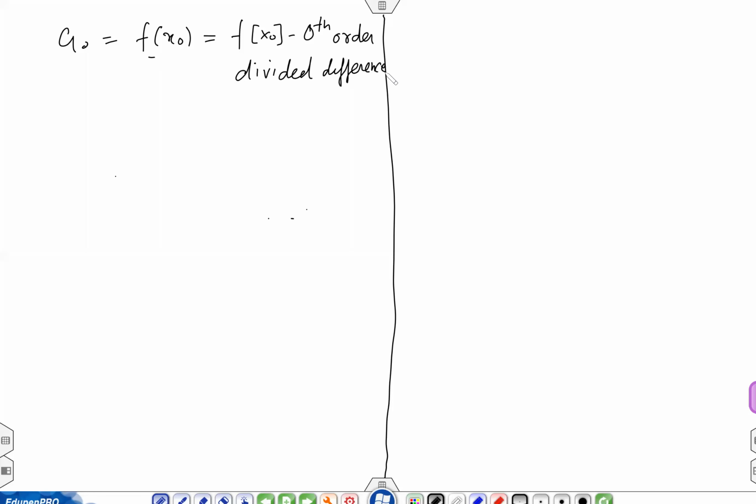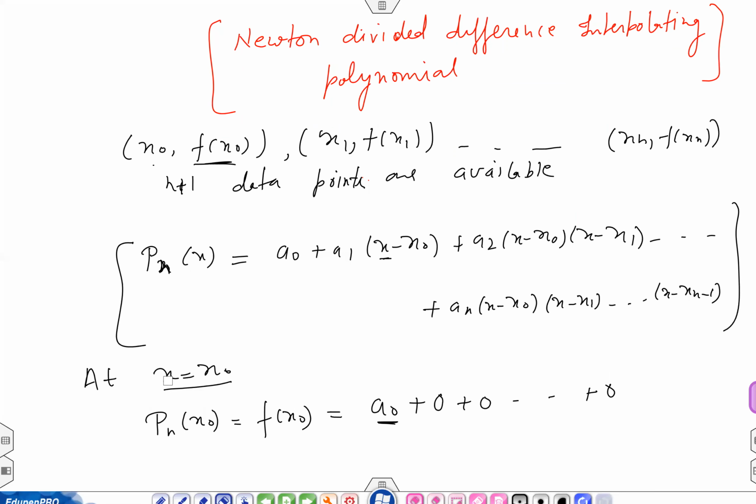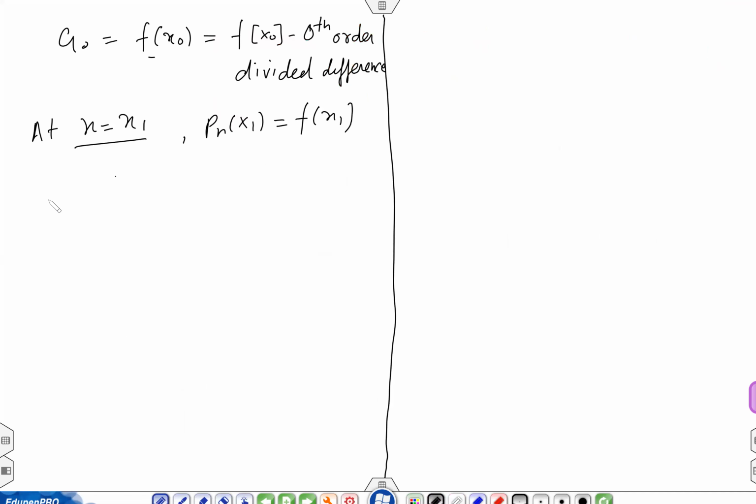Now put x equal to x1. Then Pn(x1) will be equal to f(x1). So in the polynomial, we are putting x equal to x1, and we get f(x1) equal to a0 plus a1(x1 - x0).